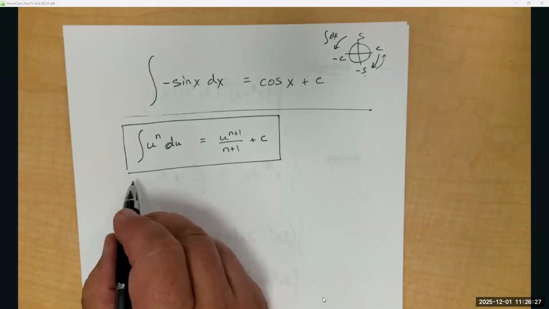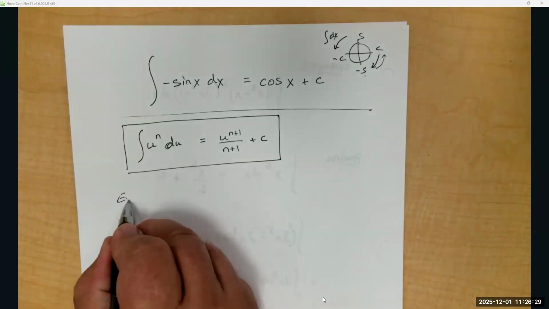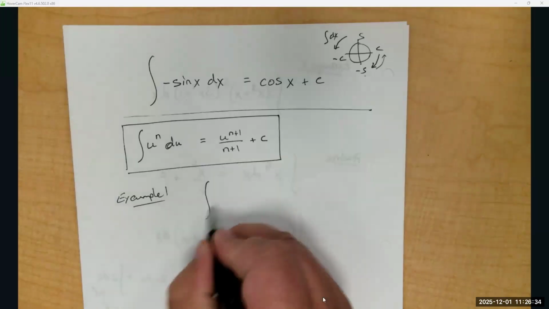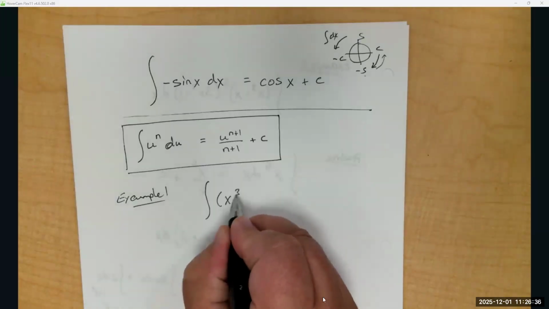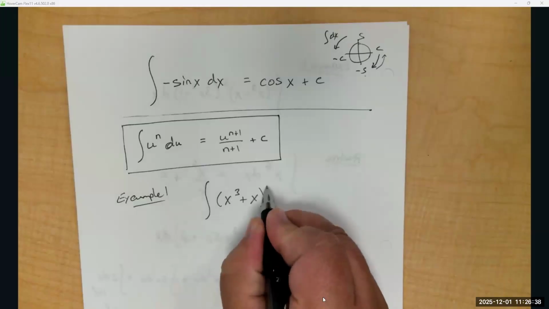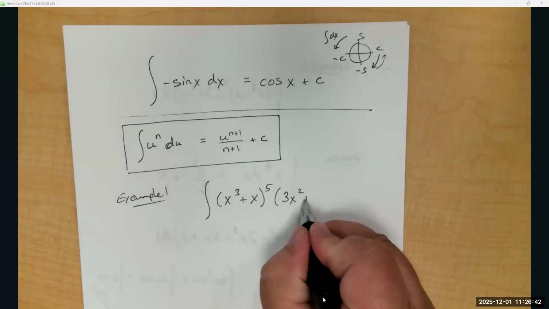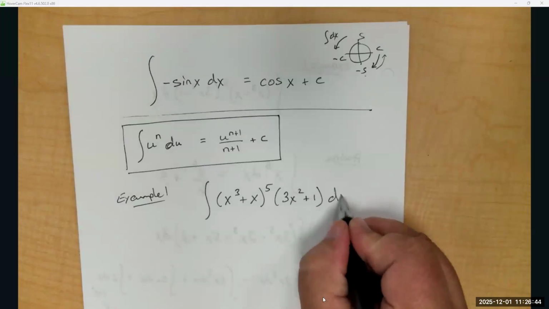So our example was the integral of x cubed plus x to the fifth, 3x squared plus 1 dx.